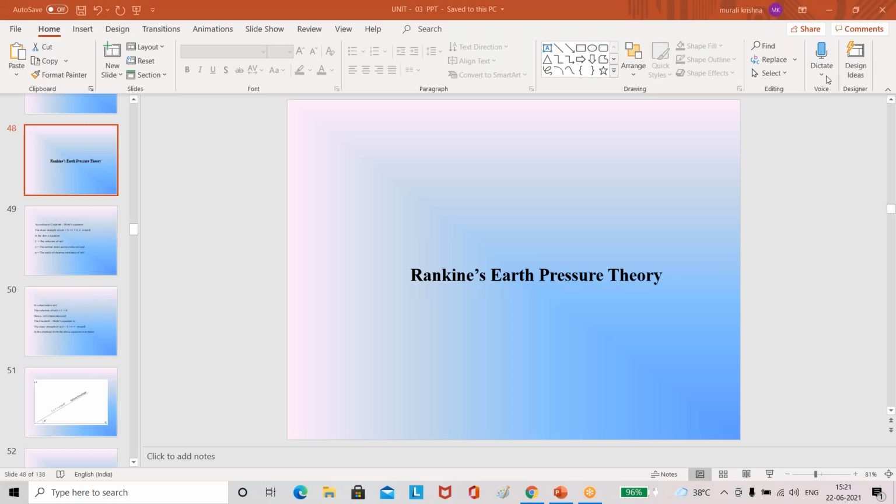Good afternoon, students. Last class, I explained the at-rest horizontal earth pressure acting on the retaining wall. We discussed three conditions in that at-rest horizontal earth pressure. One is the backfill is in partially saturated condition.